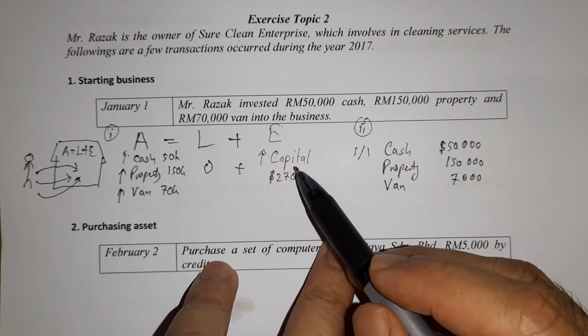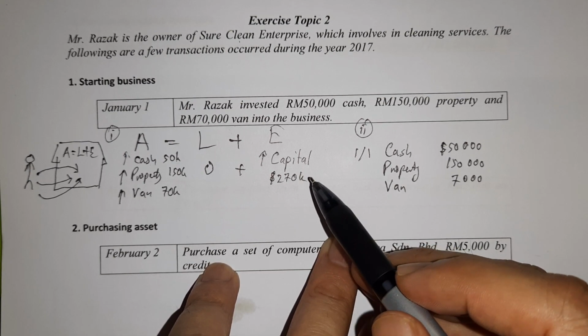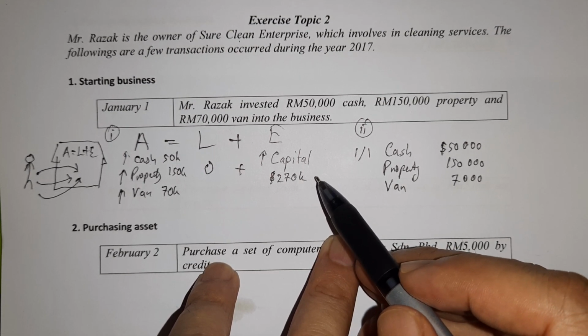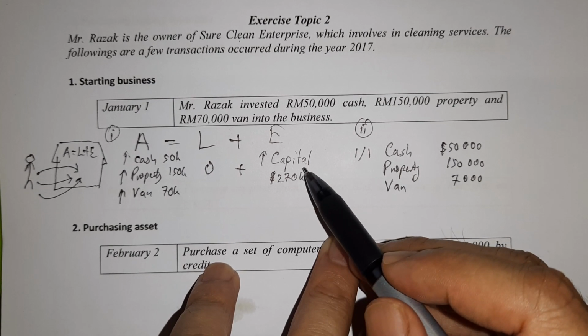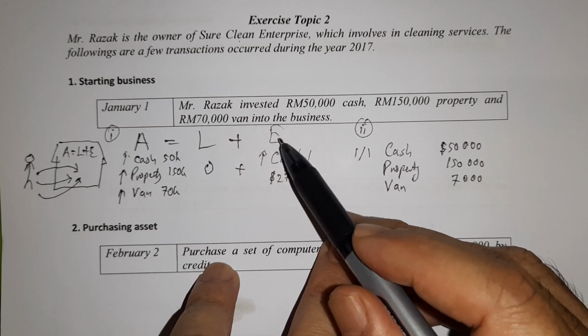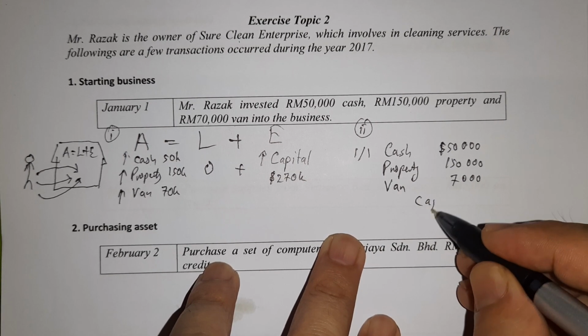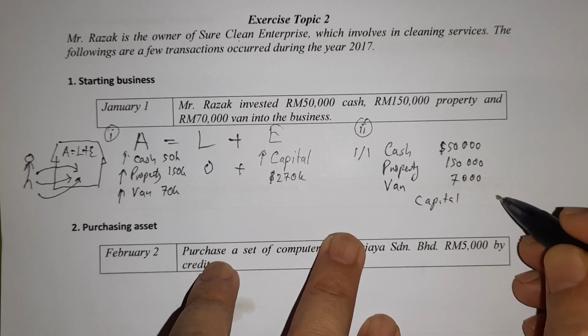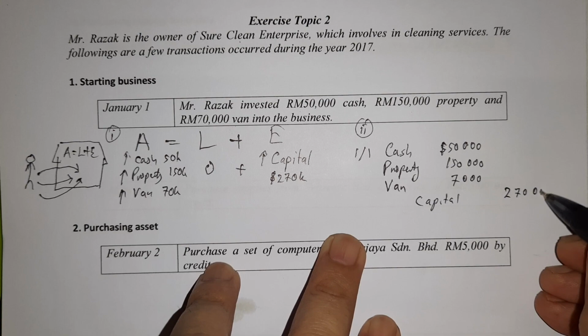And the second thing is there is an increase in capital. Remember, if there is an increase in equity, you have to credit the account. So increase in equity, the account is capital. So credit account capital, the amount is 270,000.